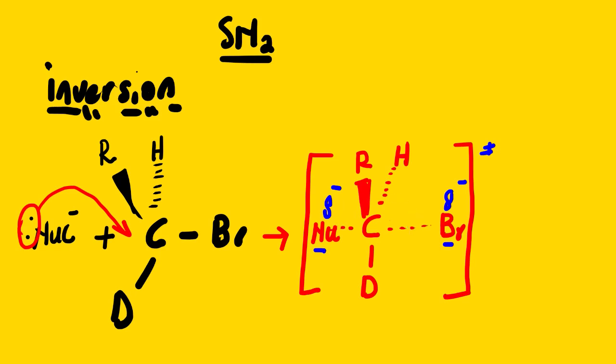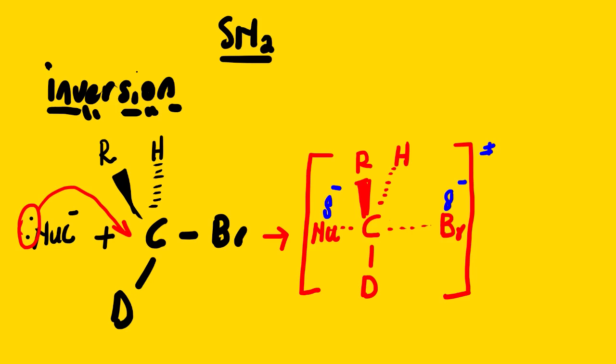The reason is that, according to the nature of charges, negative and negative repel each other. That is one of the reasons why the nucleophile will not attack from the front, because that is where the leaving group is located, and it is also partially negative.